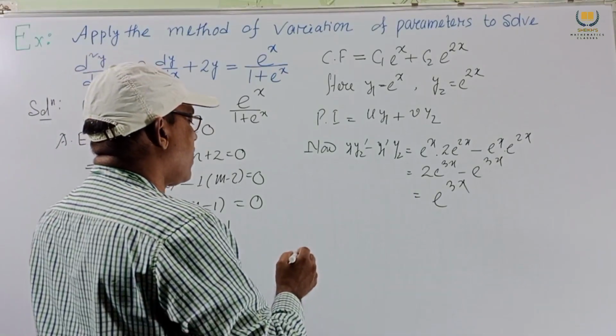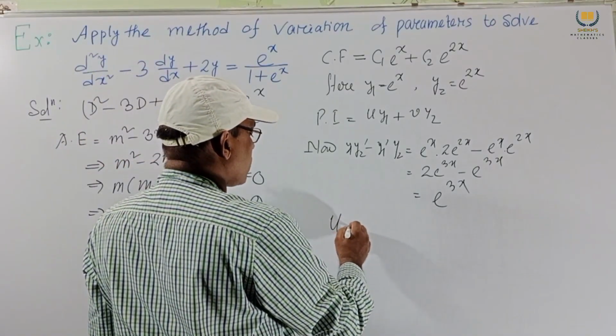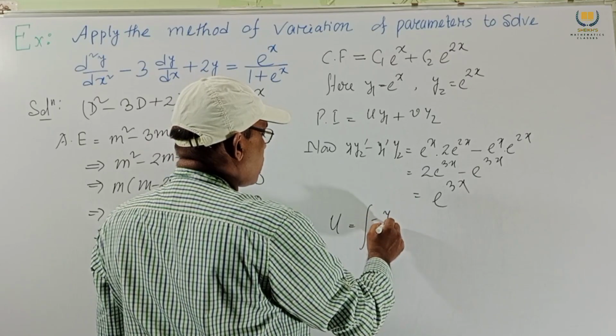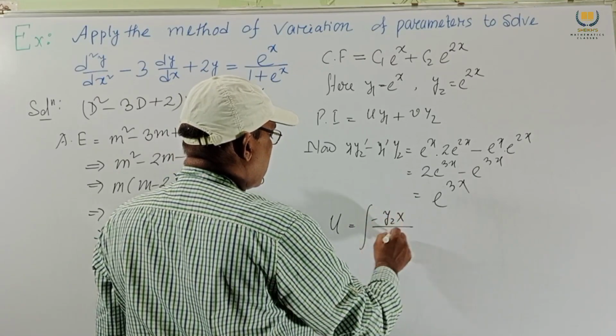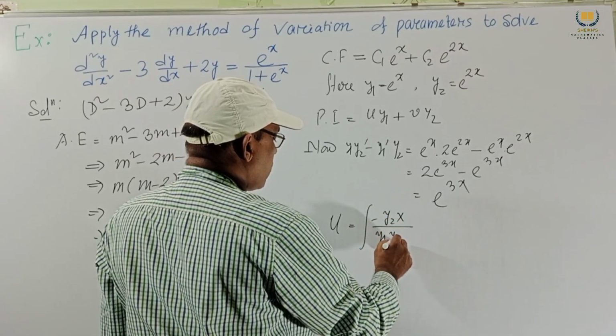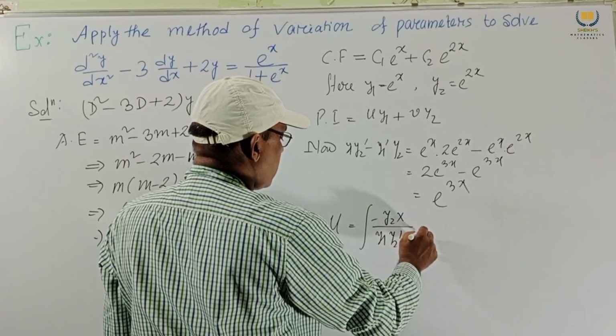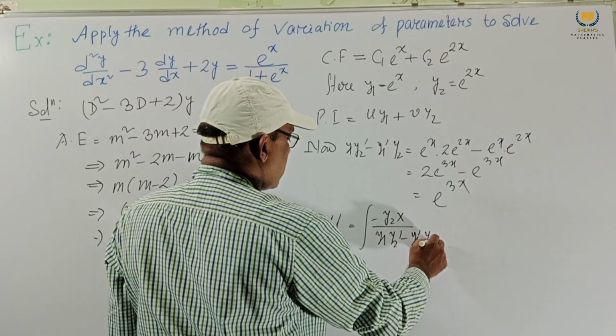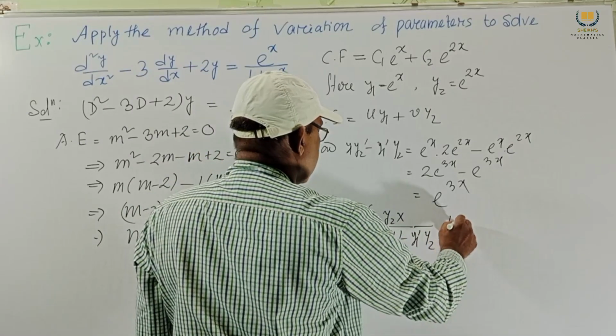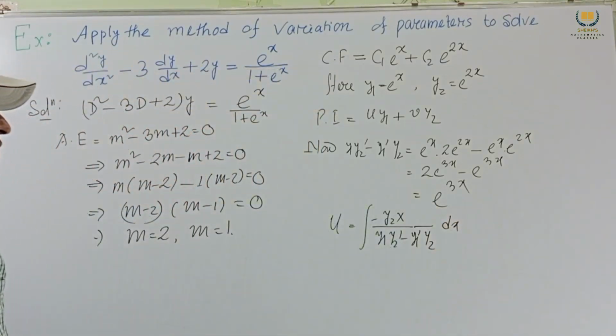Now first you have to find u equal to minus integral of y2 X by (y1 y2 dash minus y1 dash y2) dx. This is our u.